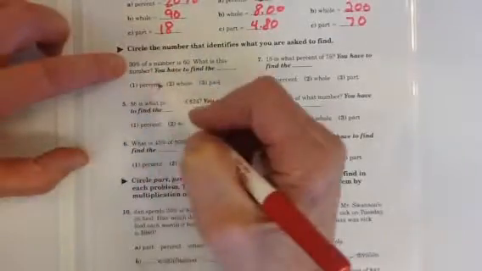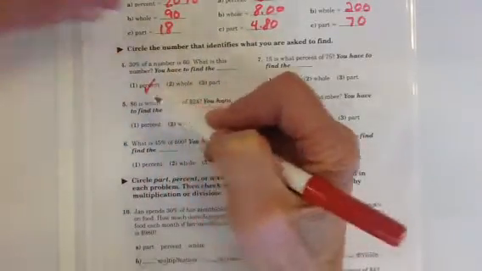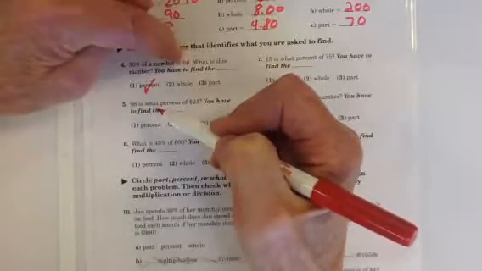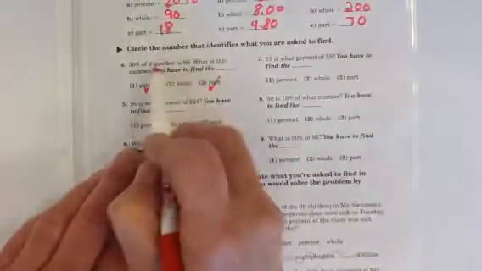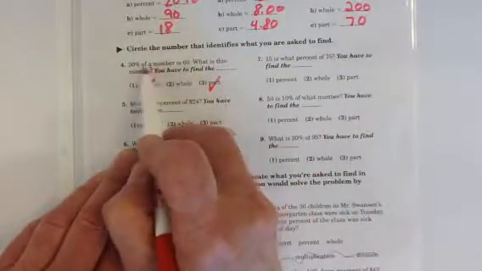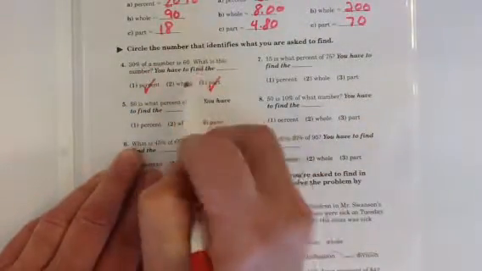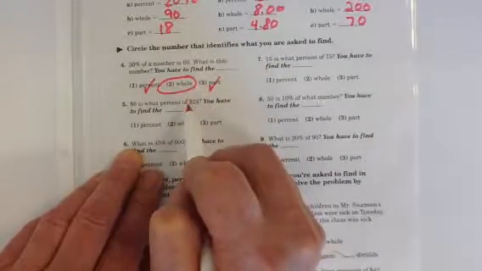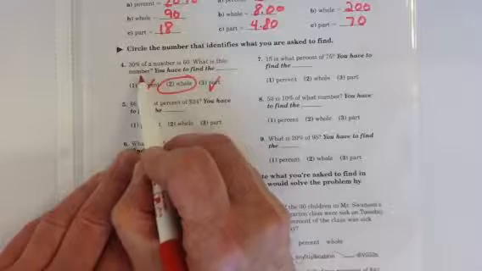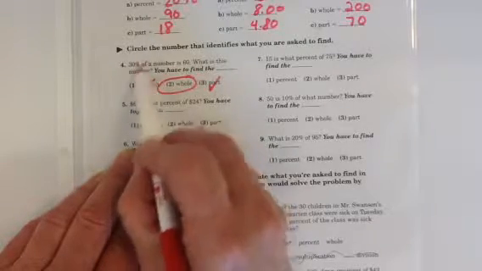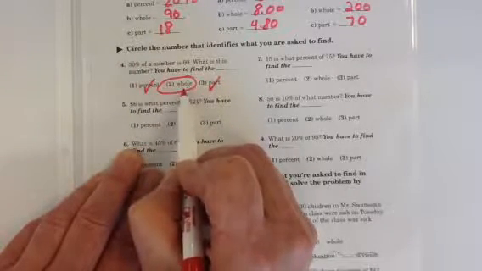Well, we know the percent, and the 60 is coming after the word is, so that's the part. So the unknown number, and notice that it's coming after the word of as well, that's what we don't know. So 30% of a number is 60. What is this number? This question is asking us to find the whole.